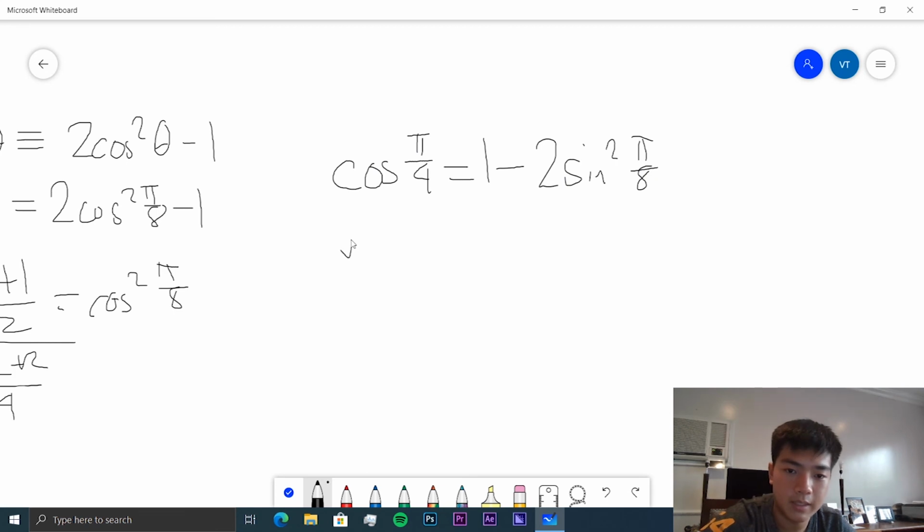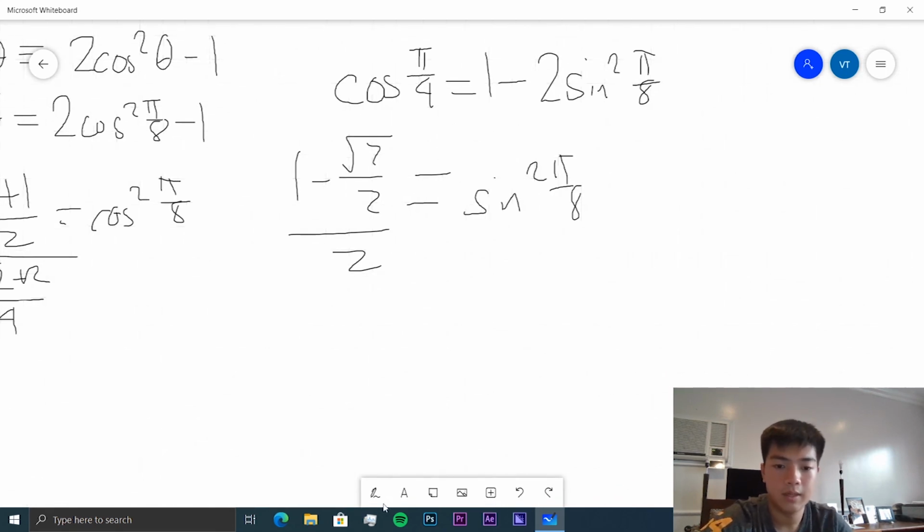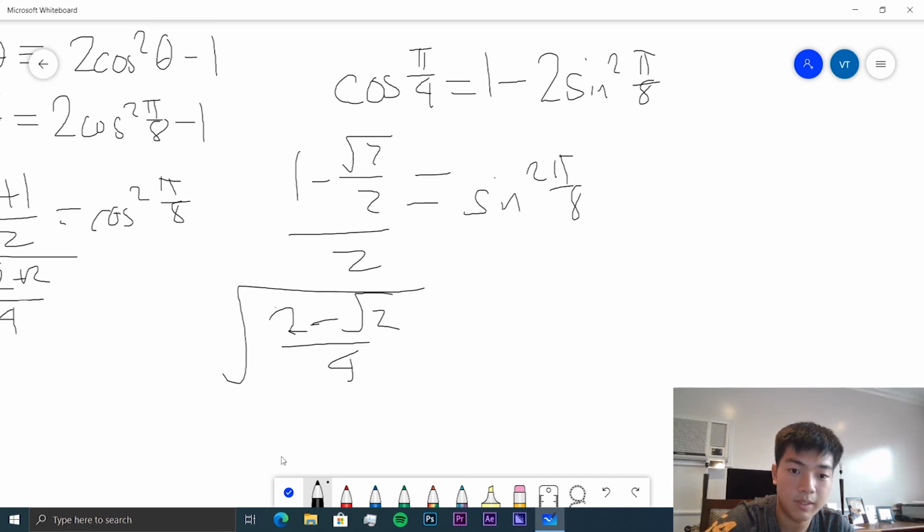So we know this is square root 2 over 2. So we have 1 minus square root 2 over 2 all over 2 is equal to sine squared pi over 8. So we have here the square root of 2 minus root 2 over 4.